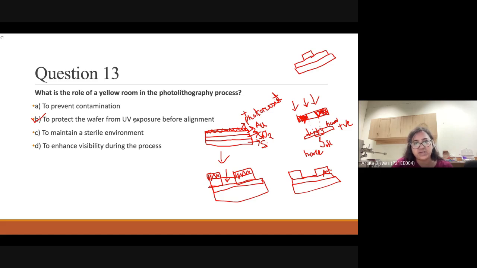If you use white lights inside the lithography room, it can react, so we can't get the proper exposure. Third option, to maintain the sterile environment. It is also not, because to maintain the environment we use the clean room. Fourth option, to enhance the visibility during the process. No, not to enhance. So the right option is option B.